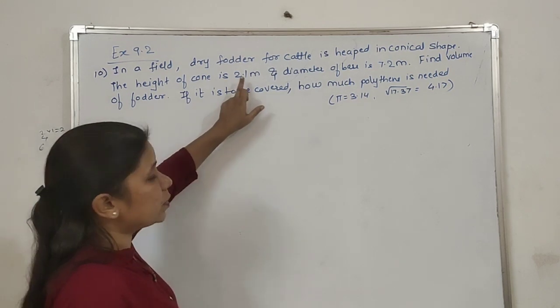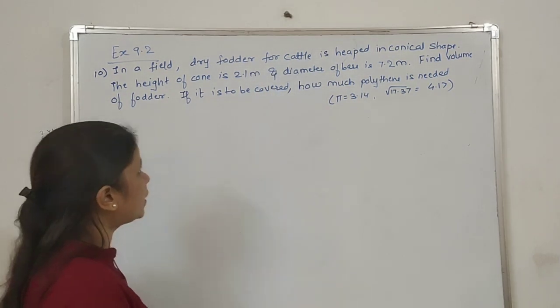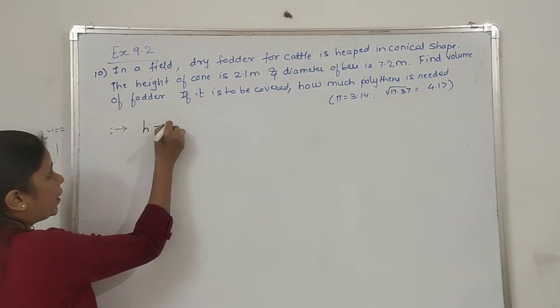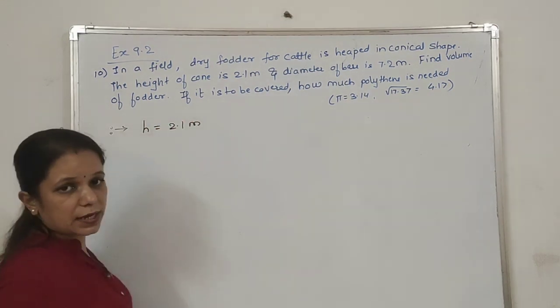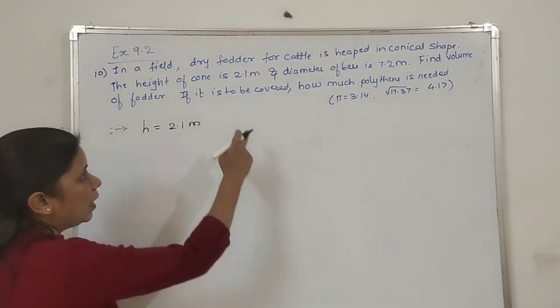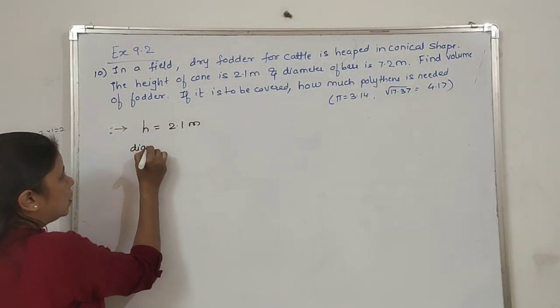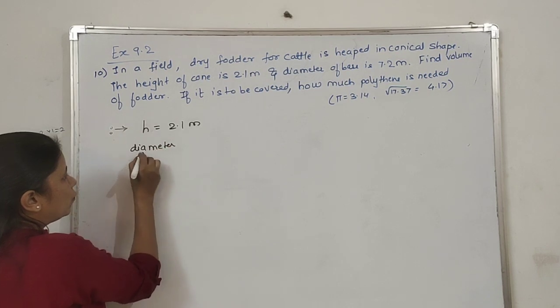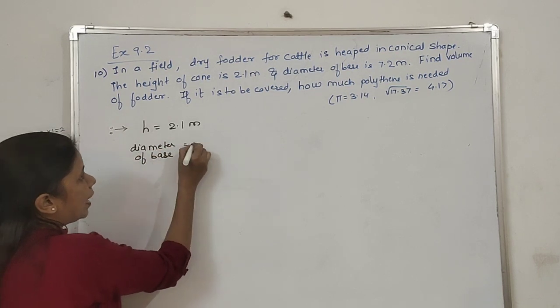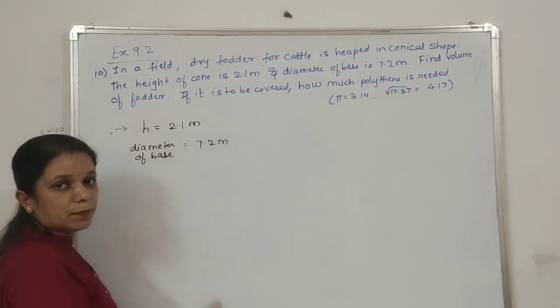The height of the cone is 2.1. Whenever height is given, it is perpendicular height. So here h is equal to 2.1, and the diameter of the base is given as 7.2 m.